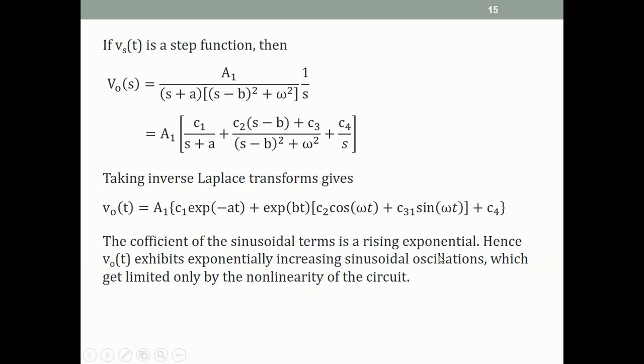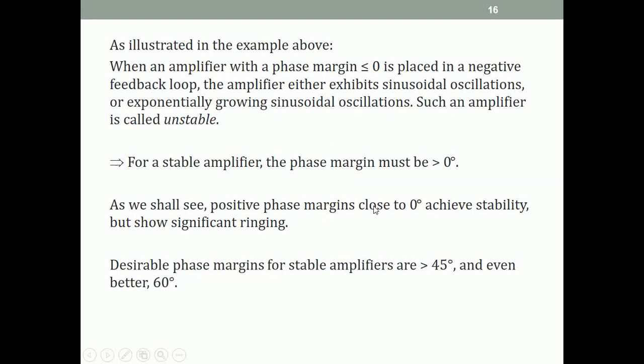In a system where sinusoidal oscillations are occurring, the sinusoidal oscillations will continue, but their amplitude will be limited by the nonlinearity of the circuit. So this is the consequence of a negative phase margin. All right, and this is why, of course, to make a system stable, we must keep the phase margin positive. All right, to build stable amplifiers, we have to make sure that the phase margin is positive.